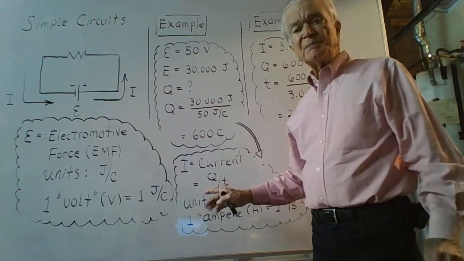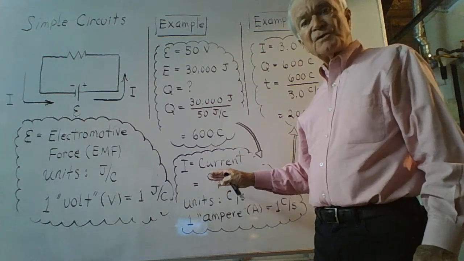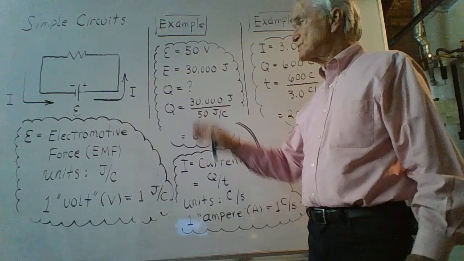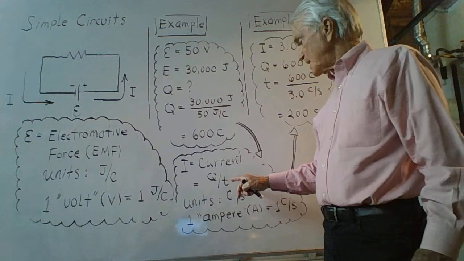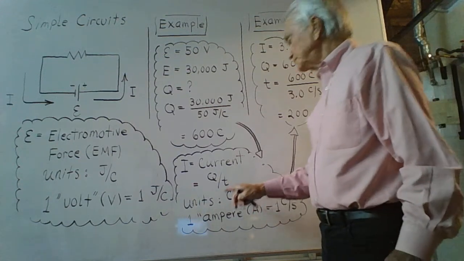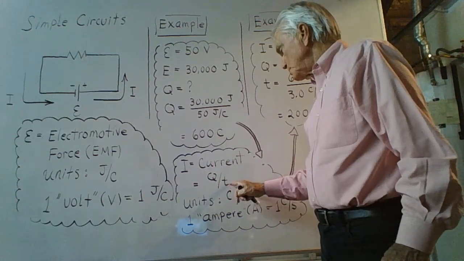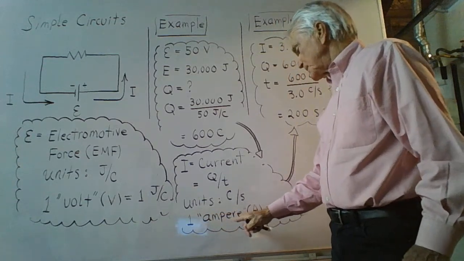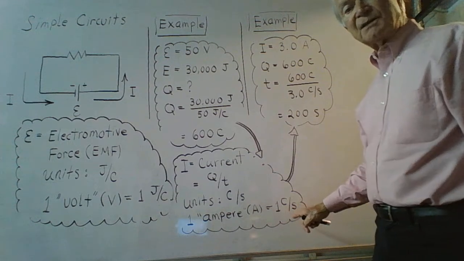It can be calculated by dividing the known amount of charge Q that leaves the battery, over a particular measured time lasting T seconds. The units of electrical current are coulombs per second. We let the word ampere, abbreviated uppercase A, stand for a coulomb per second.